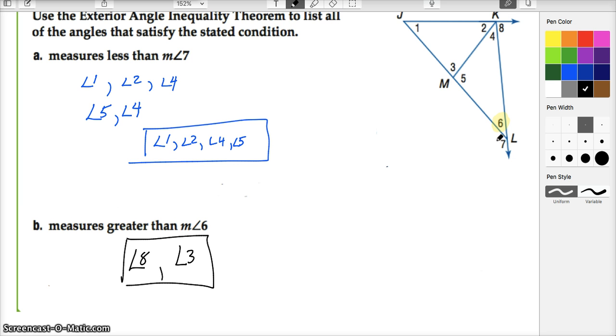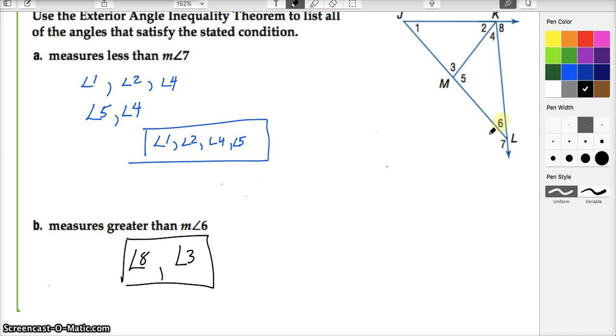And I understand the temptation. You're like, obviously 7 has to be greater because we know for a fact that this looks smaller, but that's not what we are allowed to do, not just because we're trying to use this theorem, but because when you have geometric figures, particularly when you're taking standardized tests, oftentimes it'll say, don't trust what the figure looks like.